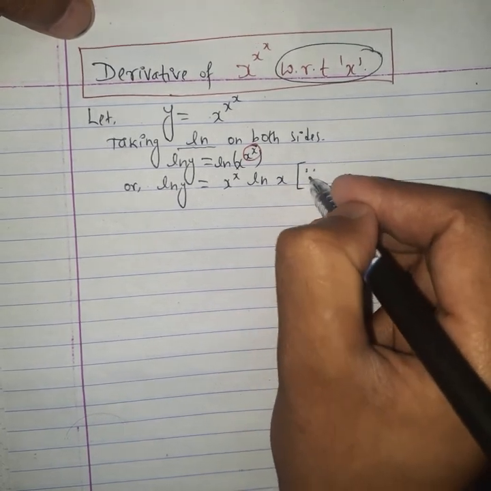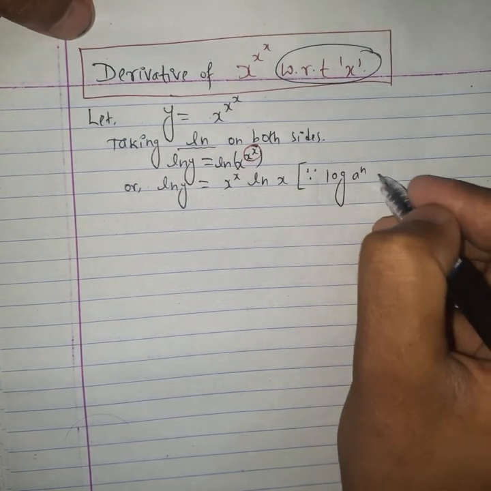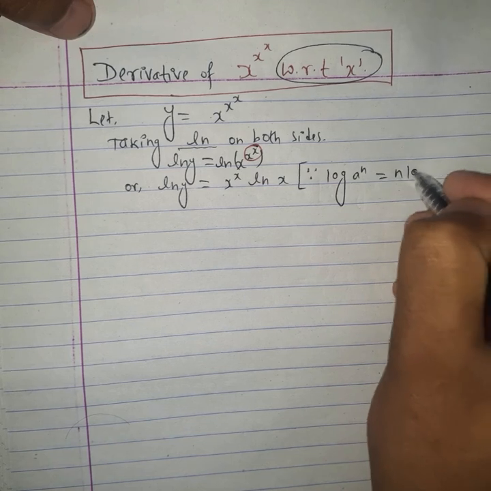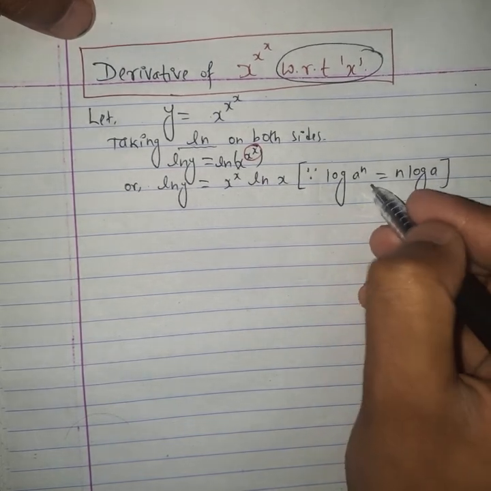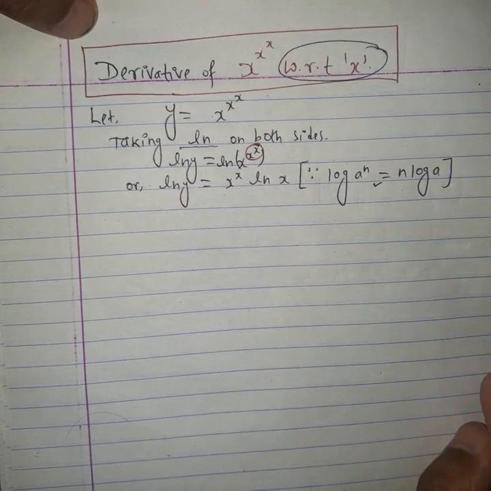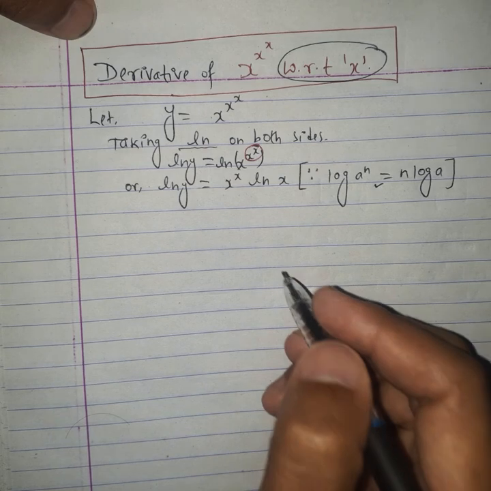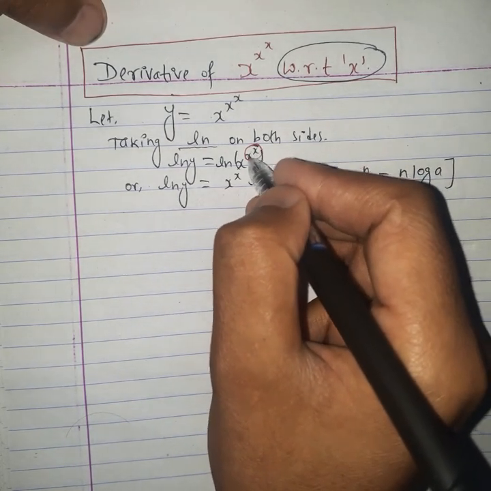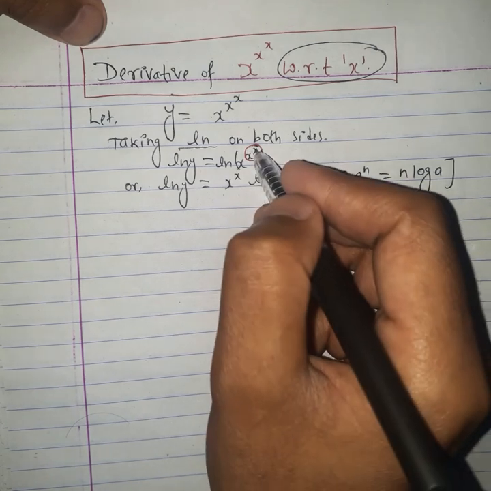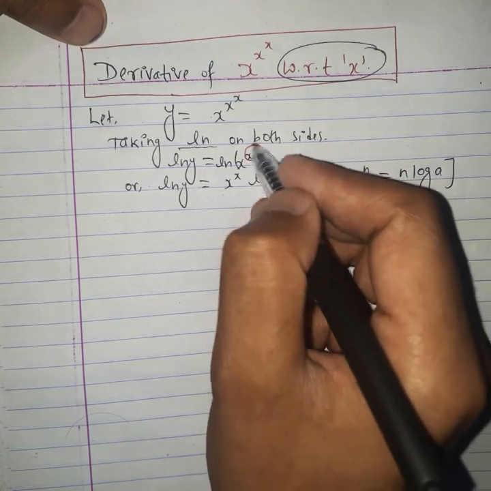Here we use the concept that log of a raised to the power of n can be written as n times log of a. Here x to the power of x is taken as the power, and we drop it as a coefficient.